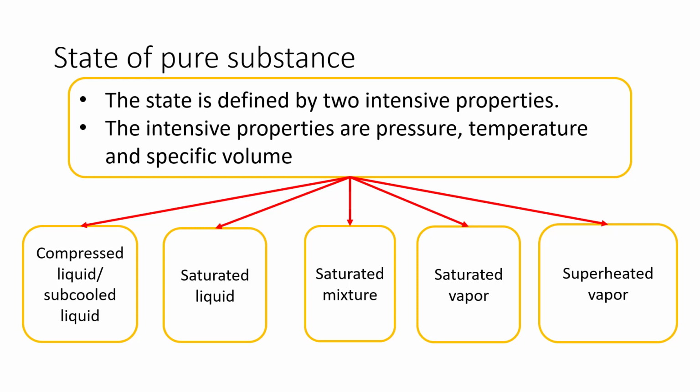By knowing two of the three intensive properties, we can define the state of our pure substance as whether the substance is in compressed liquid region, saturated liquid region where only liquid exists, saturated mixture region where liquid and vapor exist at the same time, saturated vapor region where only vapor exists, or in a superheated region.